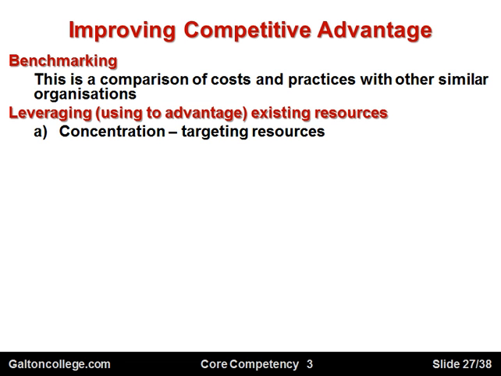So concentrate the resources. Make sure that the resources are all targeting the outcome that's required. And the outcome that's required is the production of a product which has competitive advantage.